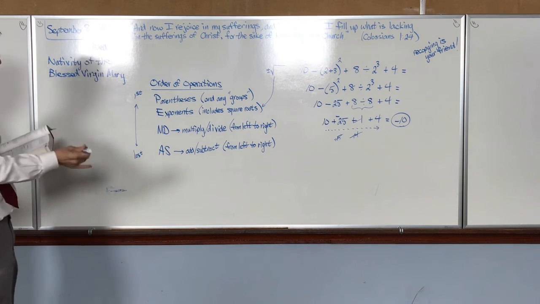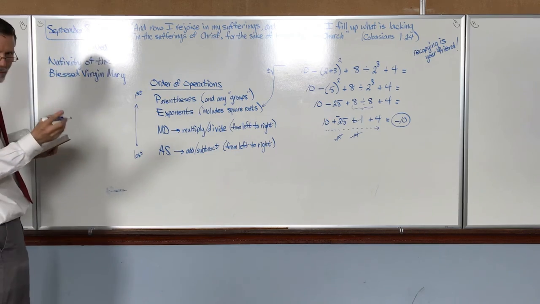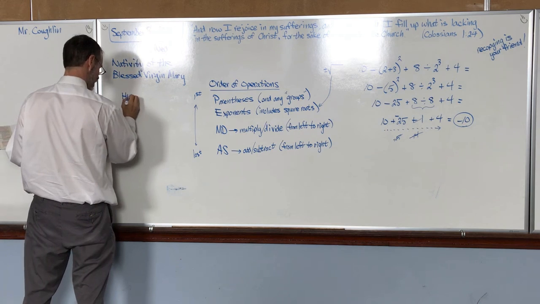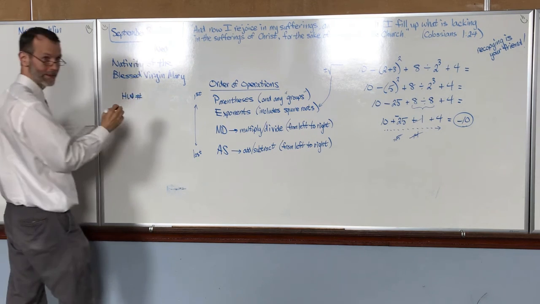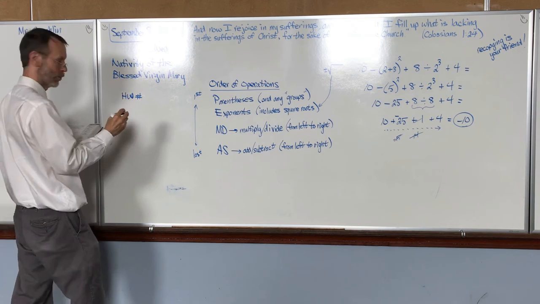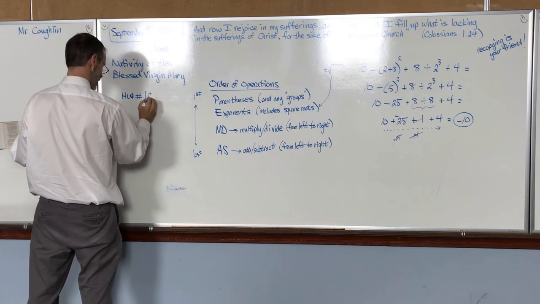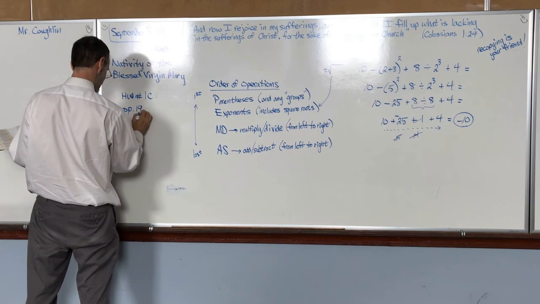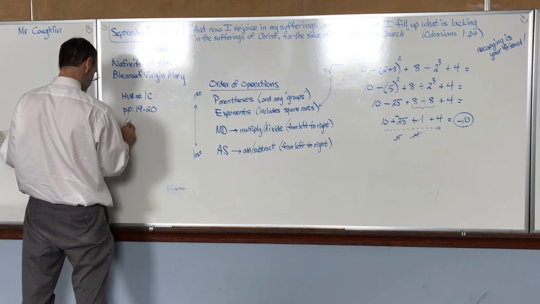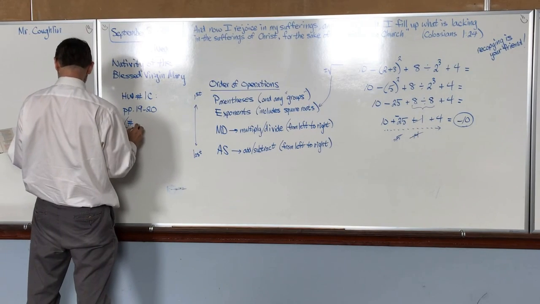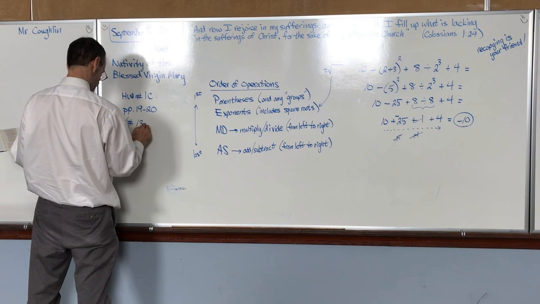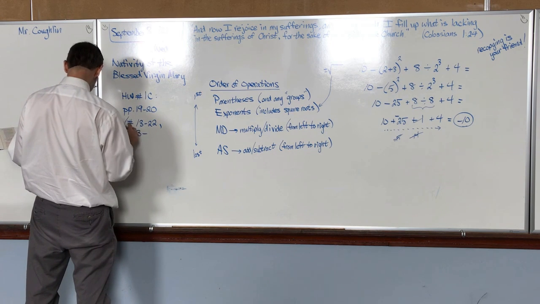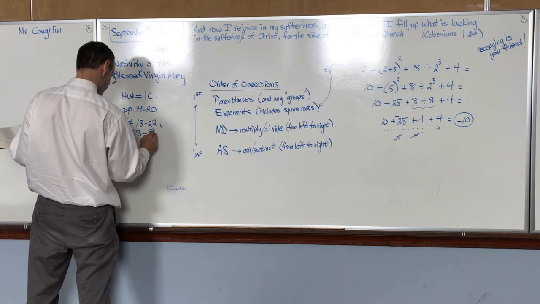This is going to be homework, sorry. It's going to be 1C, on pages 19 through 20, numbers 13 through 22. And then I would like you to do 23 through 39 odd.